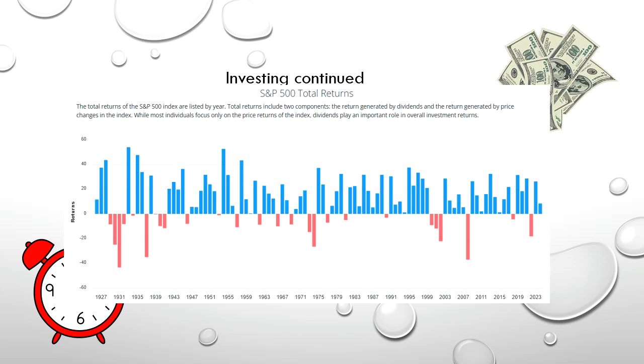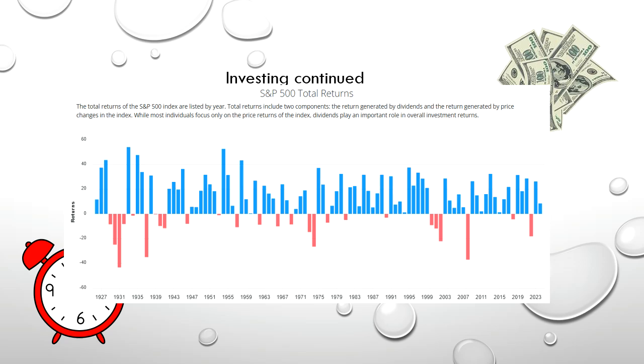So this information is, and it's probably a little bit difficult to see, but this is showing the entire history of the returns of the S&P 500, which is a broad index that shows the returns by year for the broad market. All of the blue columns are gains. The red columns are the years where the returns were negative.